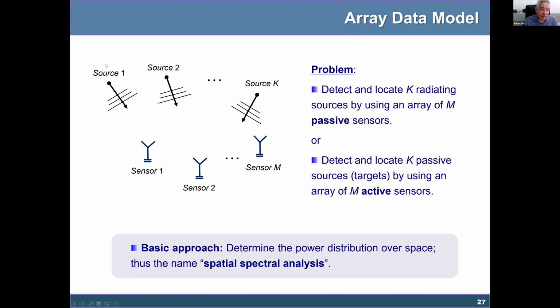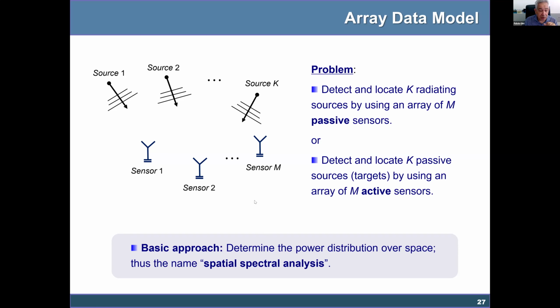And then, if we are talking about active sonar or active radar, we have K targets that reflect back part of the transmitted energy.